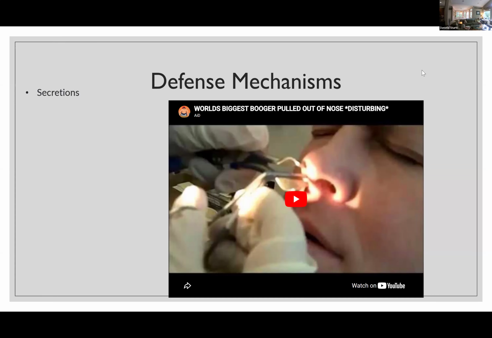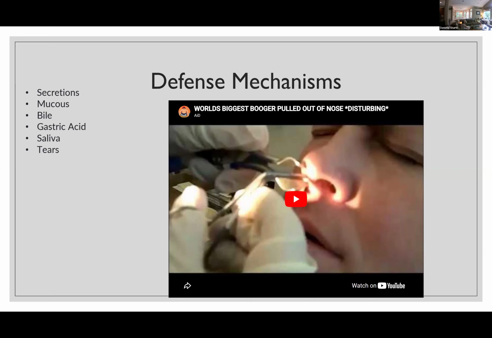So you've got secretions as part of your defense mechanisms, things like mucus, which we just talked about, bile. Even though its main purpose is to emulsify fats that you eat, it can also help with some defense mechanism. There's our gastric acid that we talked about, stomach acid. Saliva, although it helps with digestion, it also has some immune purposes.